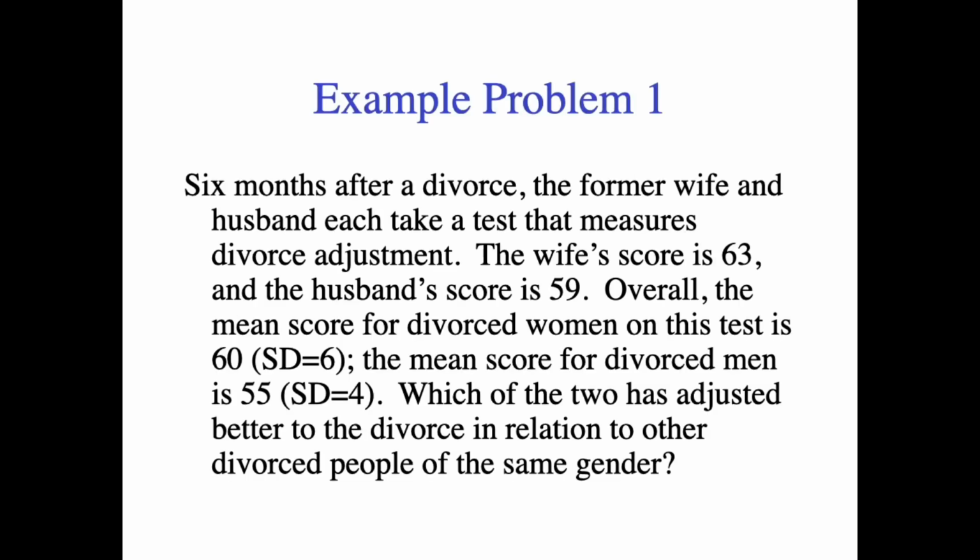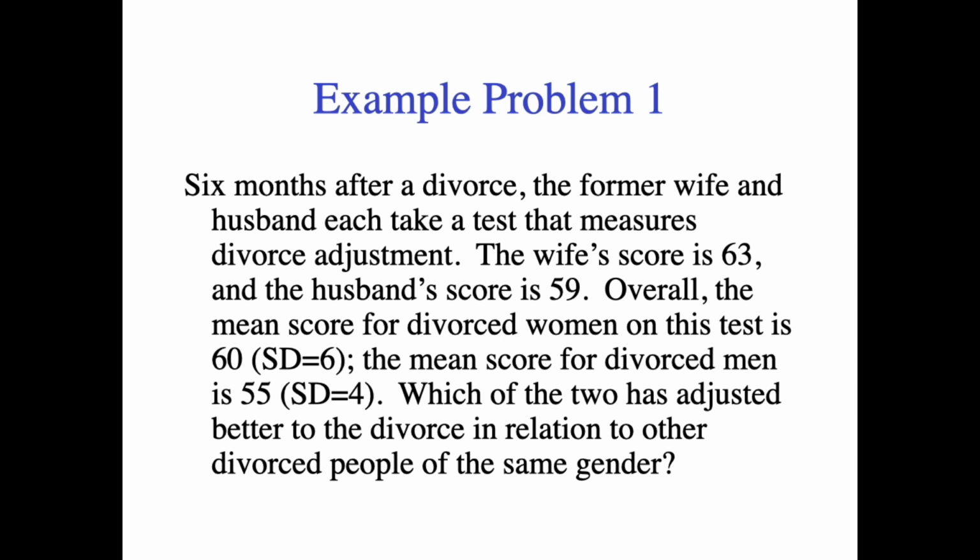So here's an example where 6 months after a divorce, a former wife and a husband each take a test that measures their adjustment for divorce. The wife has a score of 63 and the husband has a score of 59.